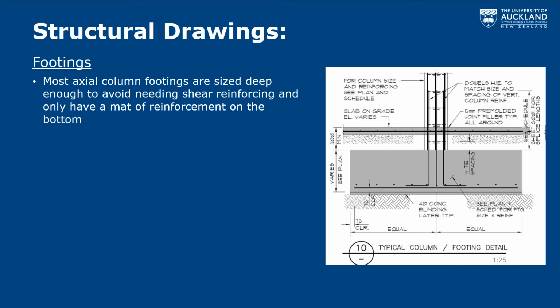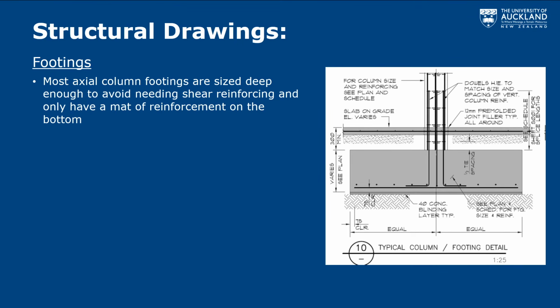So now just a real brief run through of some of the other typical shorthands which are used for noting drawings. We've got footings. Footings are how we support the foundation and support columns. Often you'll see them drawn this way, where they only have reinforcing steel on the bottom.